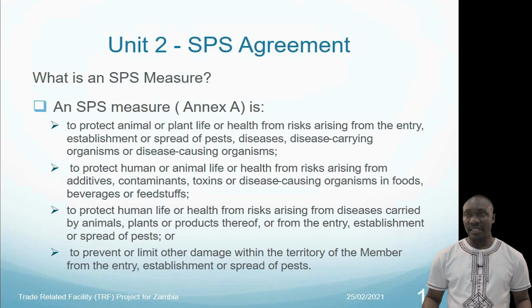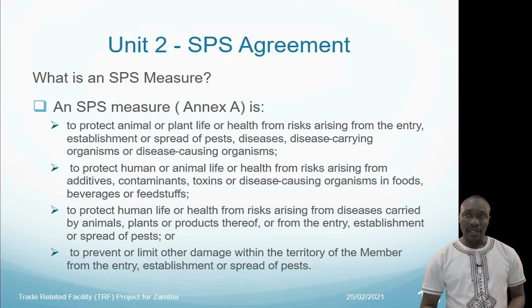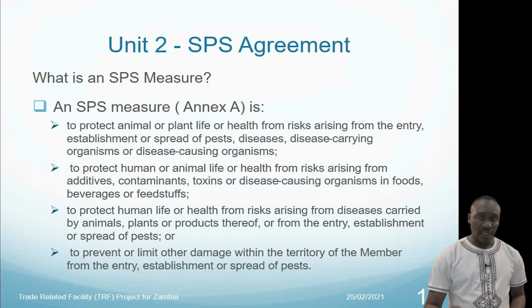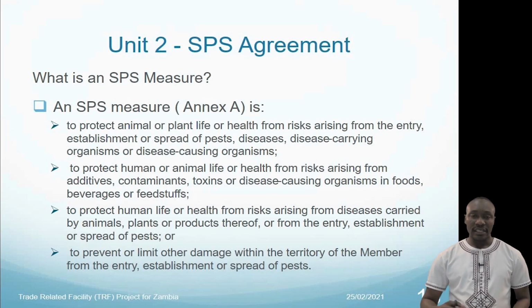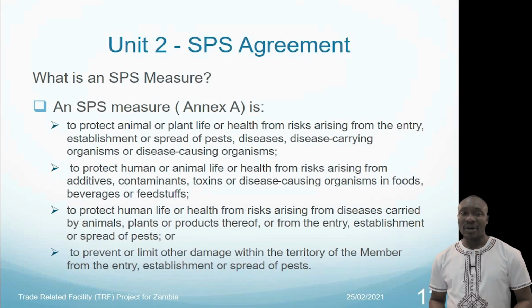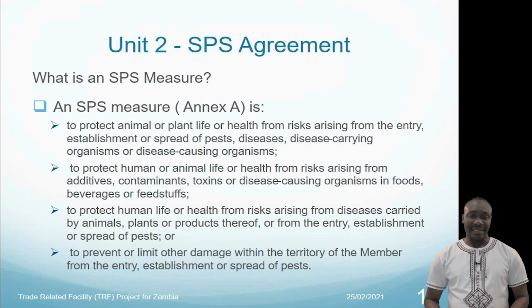So you can see that it really covers a lot in that aspect. It can handle the disease itself, it can handle the disease-carrying organism itself, or the disease-causing organism. And you can have measures in that regard.